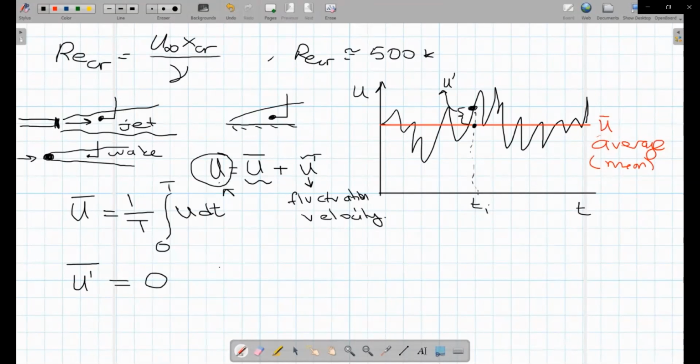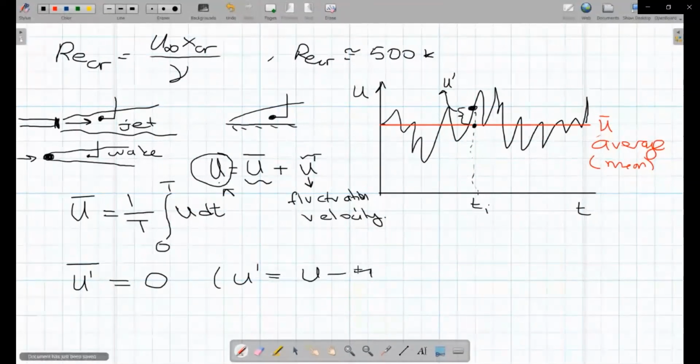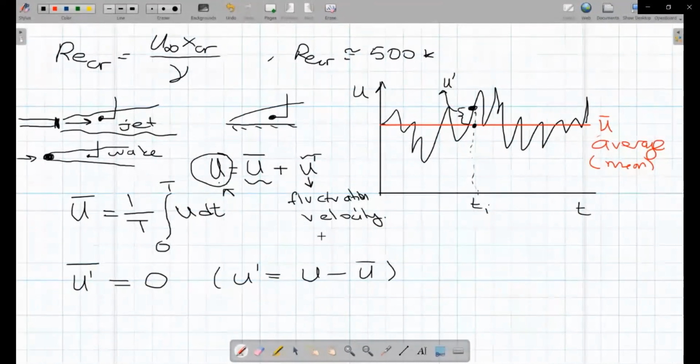Keeping in mind that u prime is actually u minus u bar, from the actual velocity signal, if you subtract u bar, you have a signal fluctuating around 0. So u prime bar, the average of the fluctuating velocity, is 0. We will make use of this when we are deriving the equations. So this is basically how we handle turbulent flows.